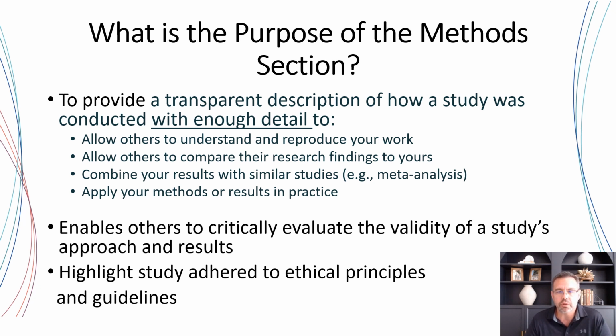So they're looking for the translational relevance of that work. And so essentially, the method section enables others to critically evaluate the validity of a study's approach and their results. And it also gives us an important opportunity to highlight that the study adhered to ethical principles and guidelines. So this should be a statement that we always include in our methods section.